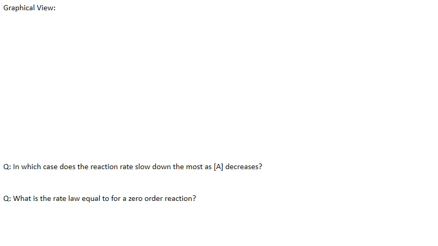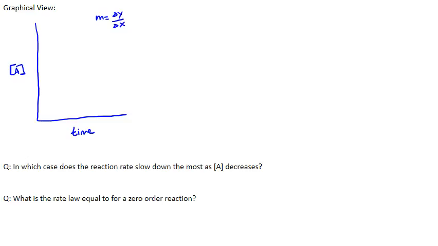Alright, so let's look at a graphical view of what we would see for a zero order, first order, or second order reaction. So the first graph, let's look at the concentration of A versus time. Remember that slope is change in y over change in x.